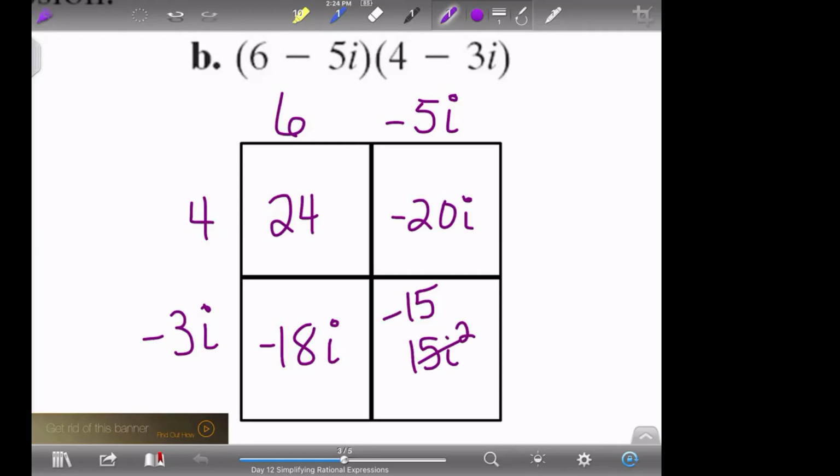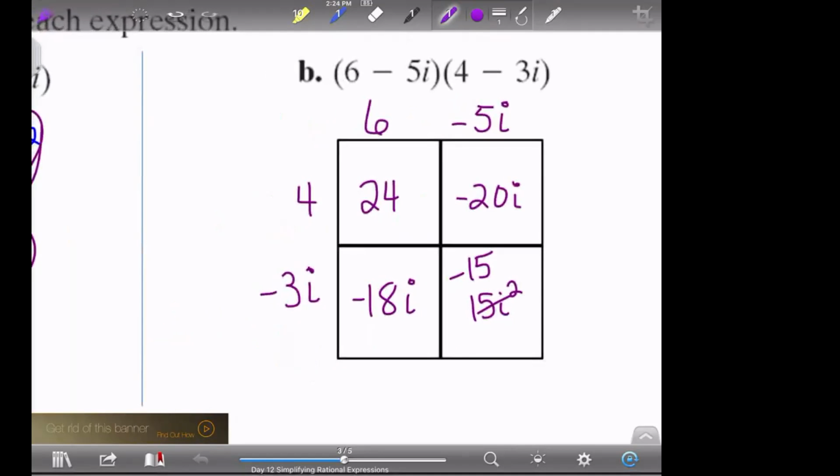All right, so hopefully you filled out your boxes just like this on the screen. Looking at those, we're always going to start off with the real number first.